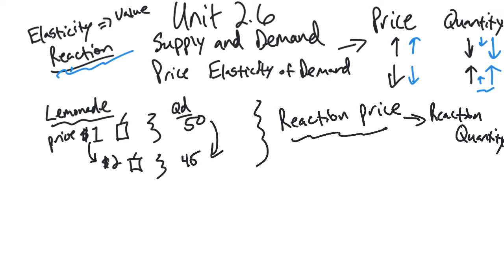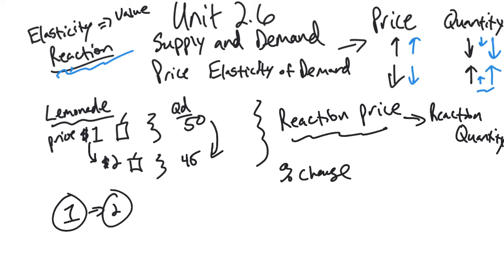One way we do that is by taking a look at the percent change. What was the percent change in price? From $1 to $2, it was a 100% change.